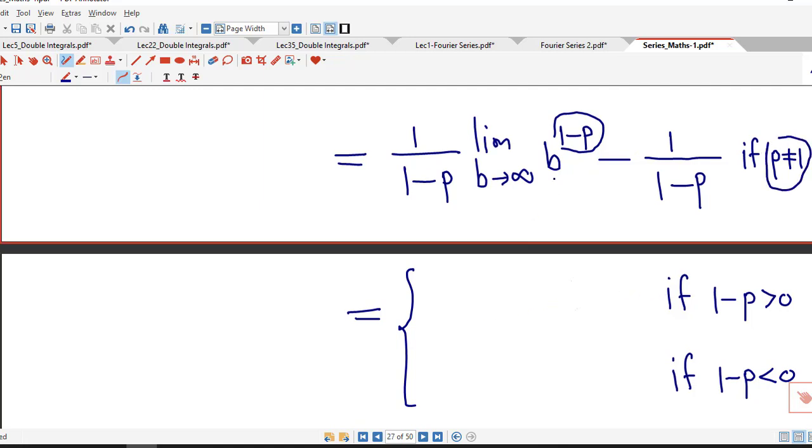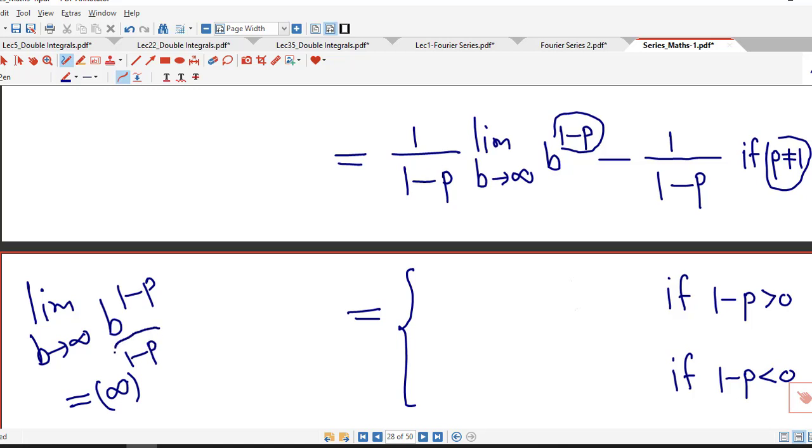If the power of b is positive, then as b tends to infinity we have infinity raised to 1 minus p, and this limit is infinite.